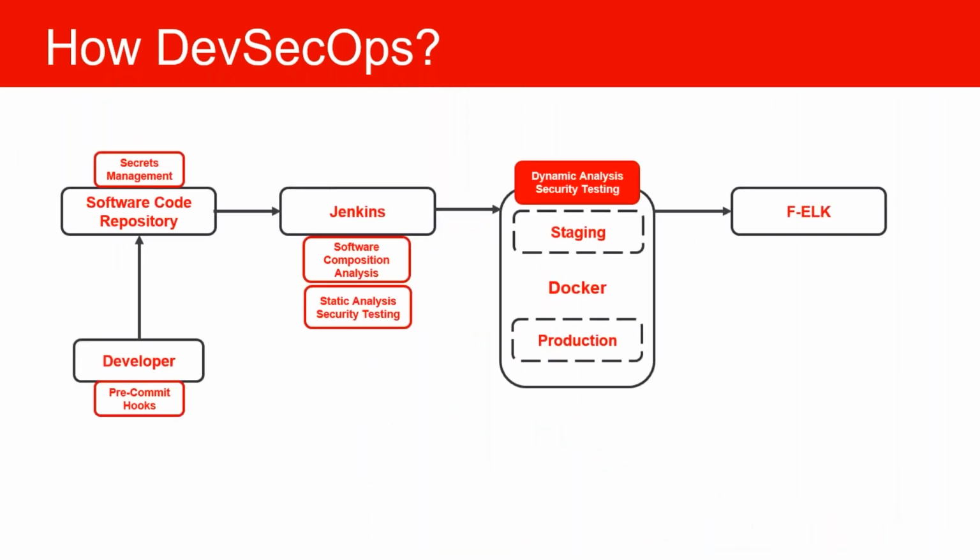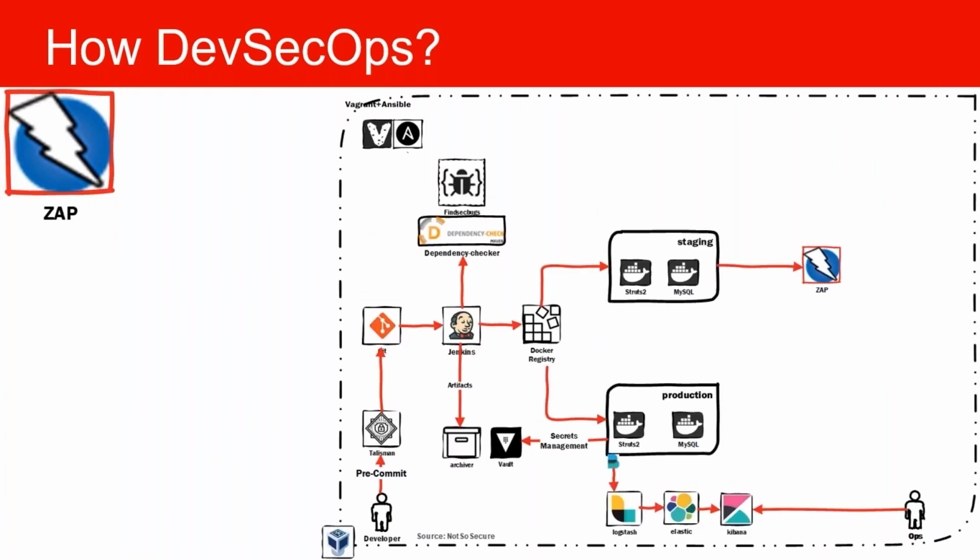Now, once my staging environment is set up, that is, once my application is running in the staging environment, I now wish to perform a dynamic analysis of that application using tools like OWASP ZAP. OWASP ZAP is an open source tool, and it has a rich API interface through which you can provide the URL of the application, and you can also provide cookies and user credentials through which ZAP can automatically execute the scans, right?